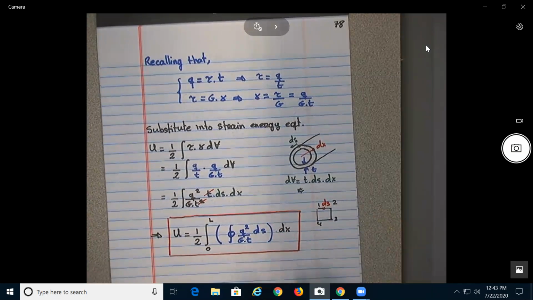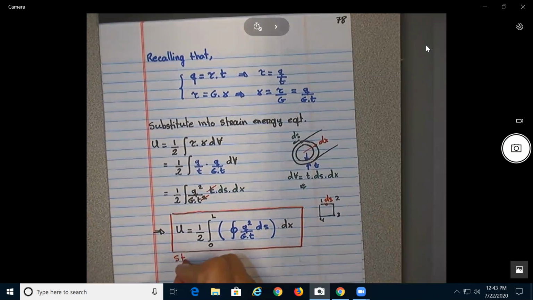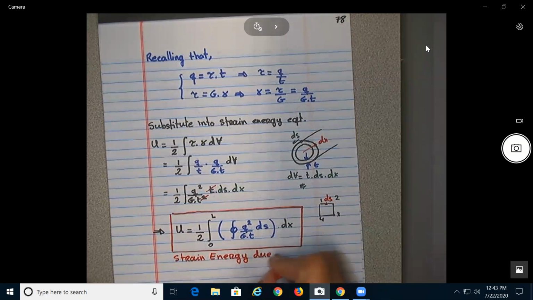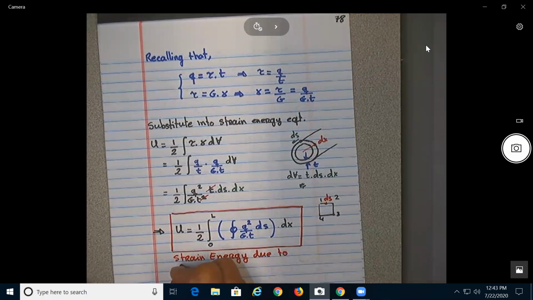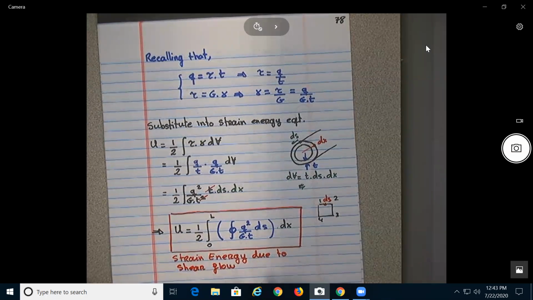So finally, this is the strain energy due to shear flow, Q.